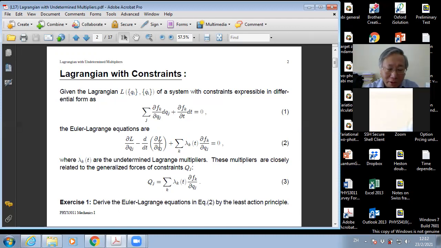And this is basically the force, because usually in simple cases this term involves the potential energy. Differentiating the potential energy with respect to the coordinate gives you the force. So this is related to the constraint. So this is the force of constraints.